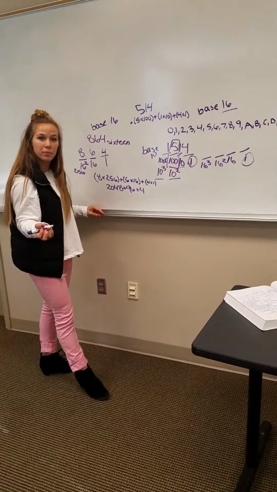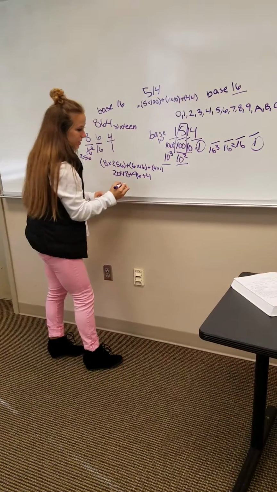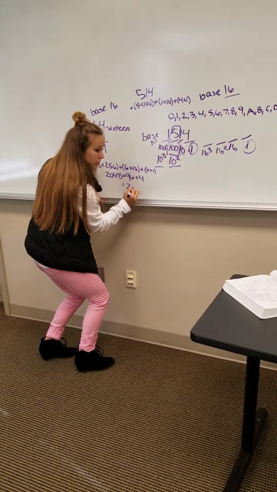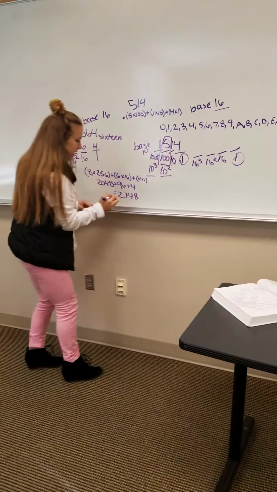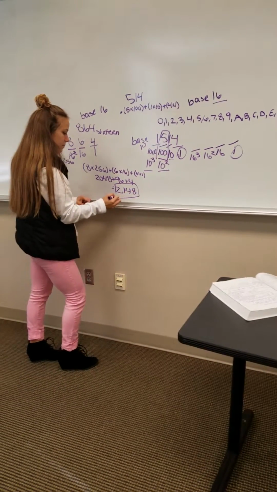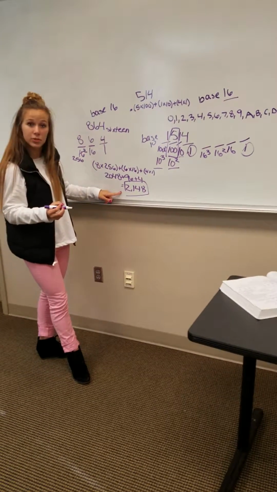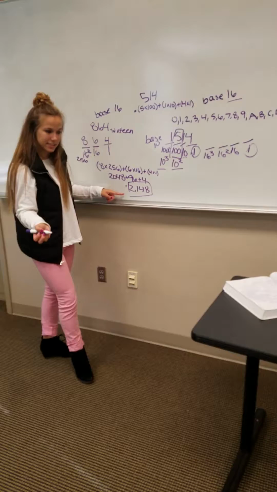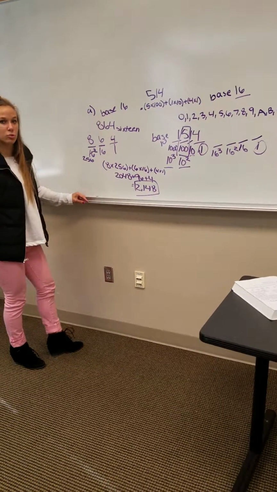Now if we add all that up, we learn that 864 base 16 is 2,148. Normally it's base 10, so we won't have to write base 10. So 864 base 16 is 2,148 in the normal base 10 system. And that was part A. Now let's move over and do part B.